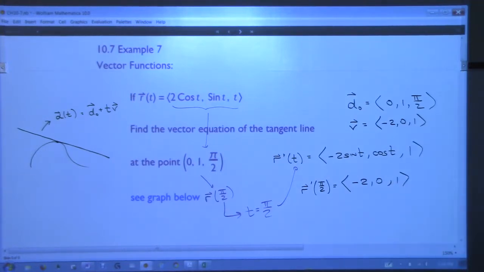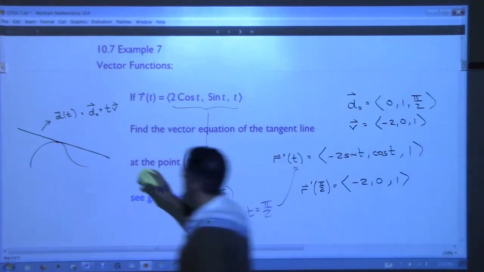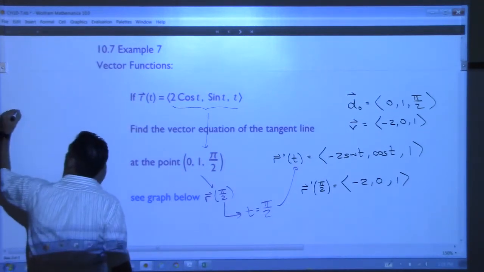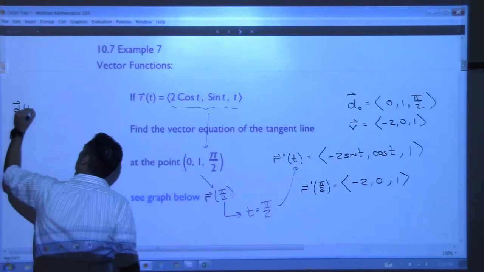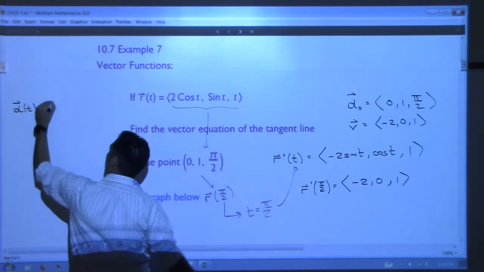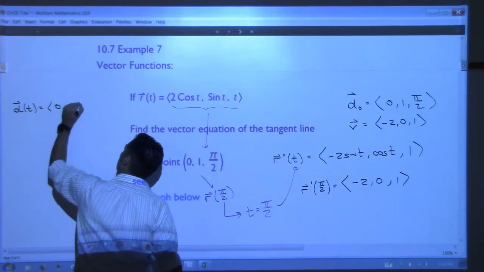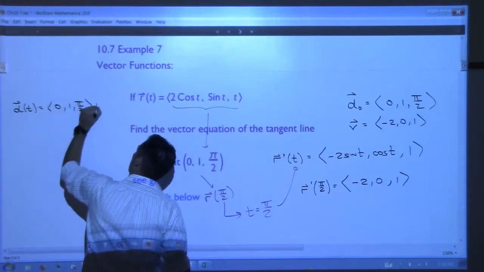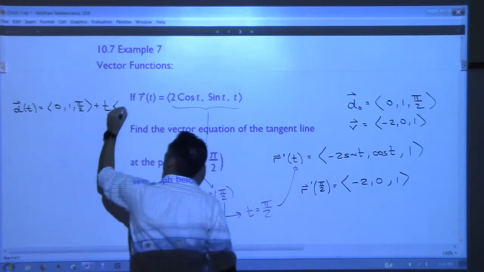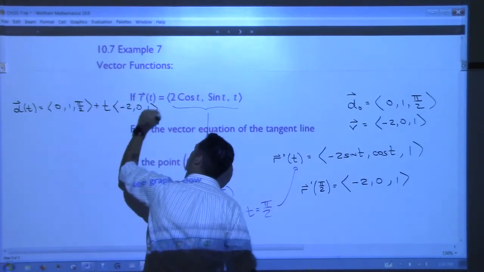And so we can come up with a final vector equation for our line. D of t equals d naught, 0, 1, pi over 2, plus t times v, but v is negative 2, 0, 1.